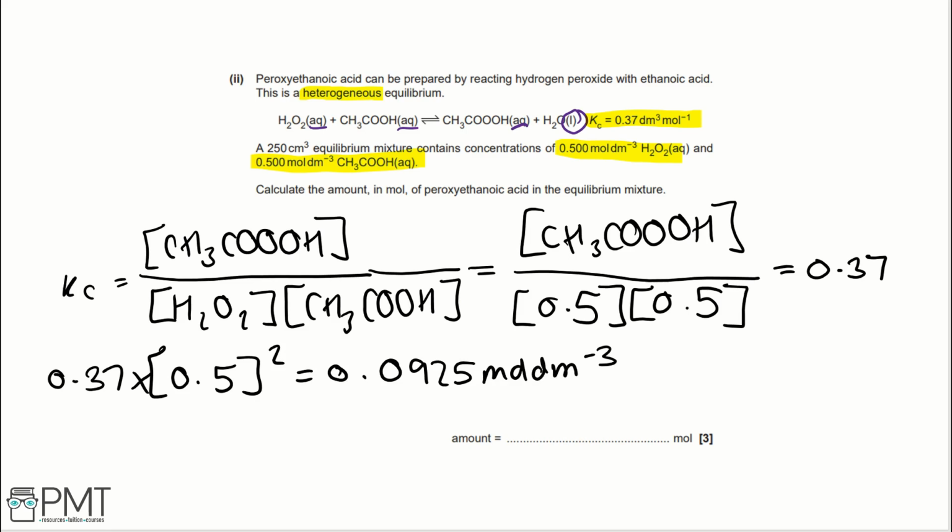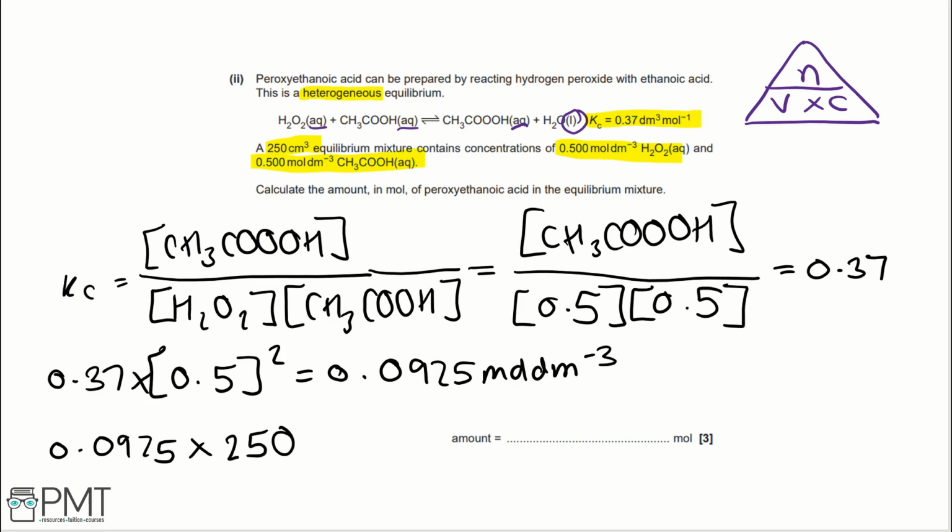If we're working out moles on its own, we would use our equation triangle, NVC. A way of remembering this is Nigel's very clever. And if we were to apply this, we would take the concentration 0.0925 and multiply by our volume, which is 250 centimeters cubed.